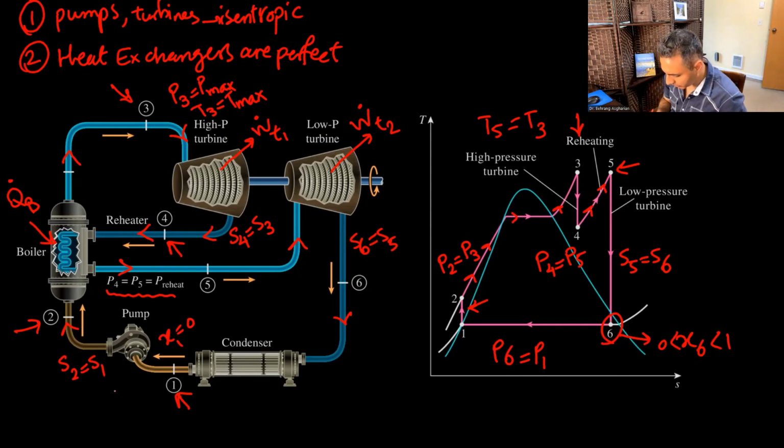So if I want to actually write it here, the isentropic efficiency of the pump is 100%. Same case with the isentropic efficiency of these turbines. So the isentropic efficiency of the pump is 100%, and the isentropic efficiency of the turbines, 1 and 2, both of them are basically 100%.